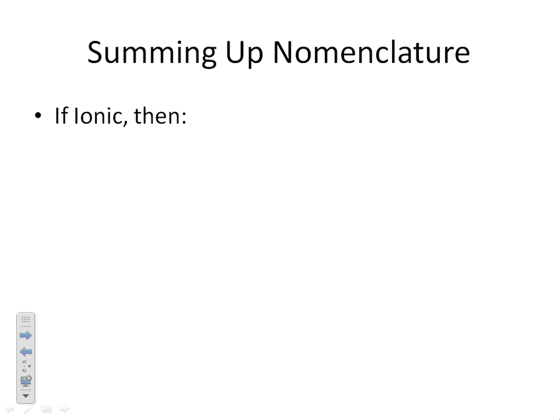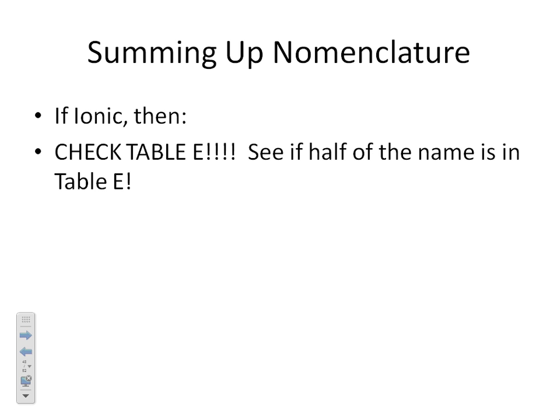So if your compound is ionic, if you've established from the name that yes, we in fact have a metal and a nonmetal, and I can tell that from the name because I've got the name of a metal and the name of a nonmetal, then check Table E. See if you can find half of the name in Table E. Table E is your new best friend in the entire world.